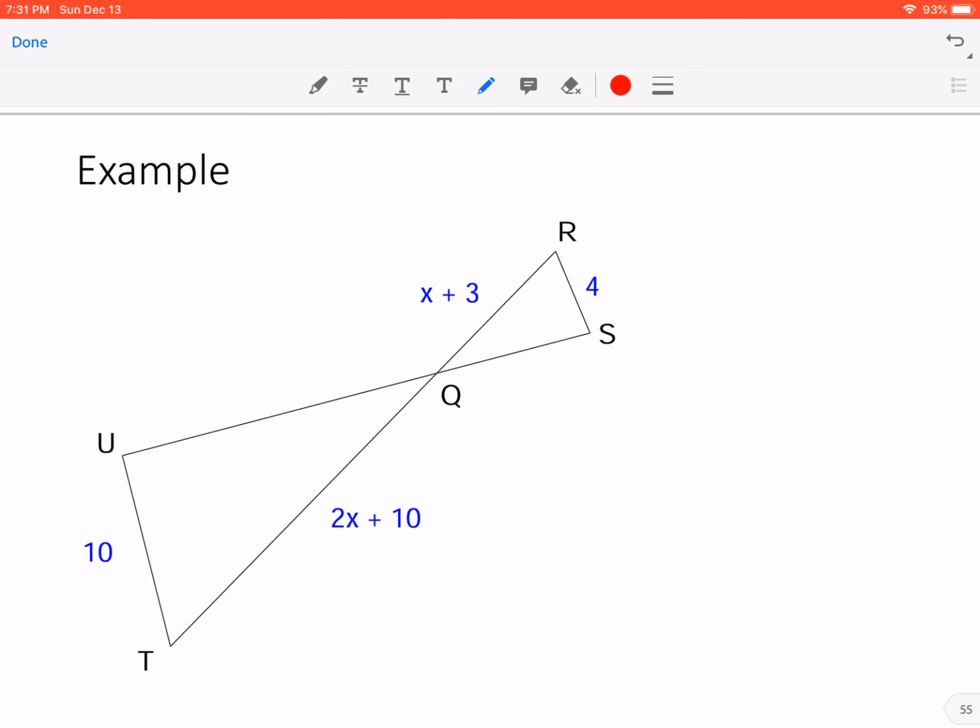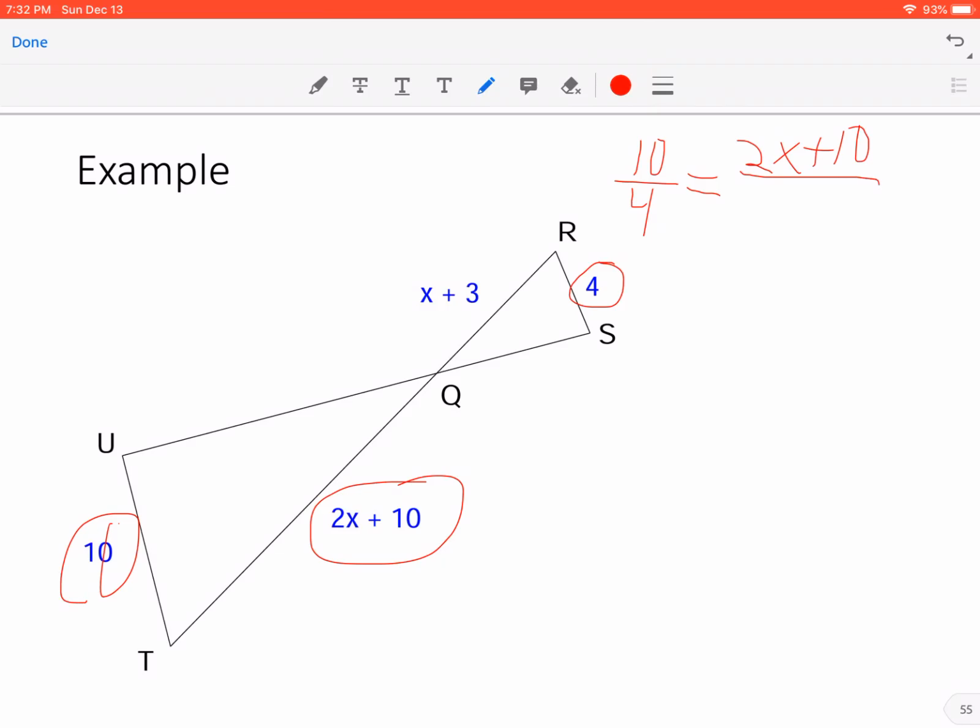This is exactly what they'll look like on the quiz. 10 goes with 4. So if I put 10 on top, 2x plus 10 needs to be on top. And that'd be x plus 3. Distribute here. I'm going to go ahead and distribute it. That should be 10 times x is 10x. 10 times 3 is 30.